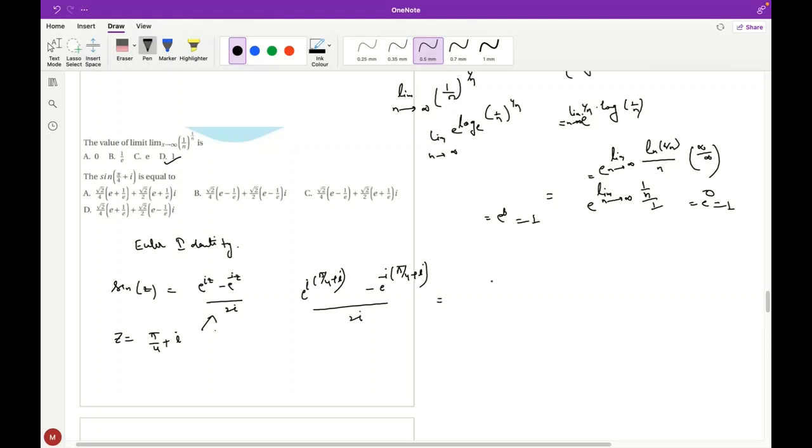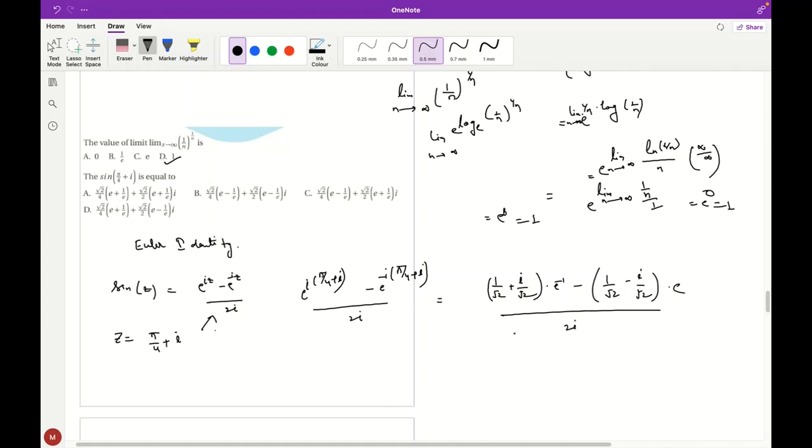So on solving this, we will get (1 upon root 2 plus i times 1 upon root 2) into e to the power minus 1, minus (1 over root 2 minus i over root 2) into e, upon 2i.